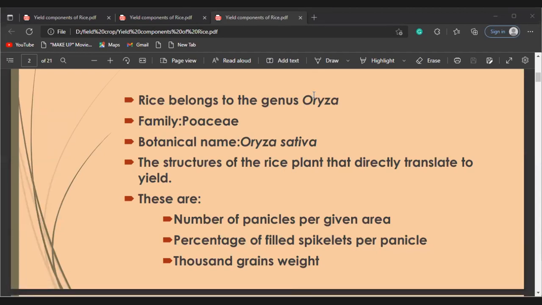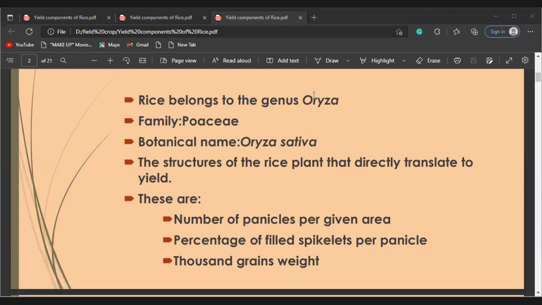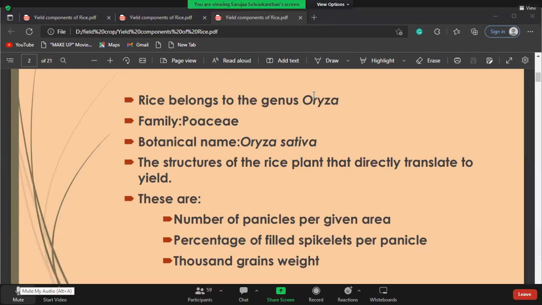Per given area, that's the first one. Second one, filled spikelets. Yes. Then the 1,000 grain weight.